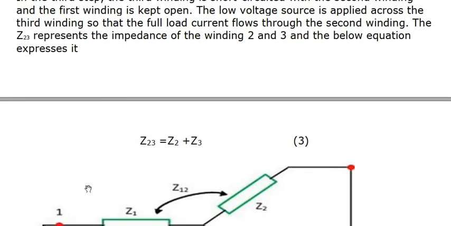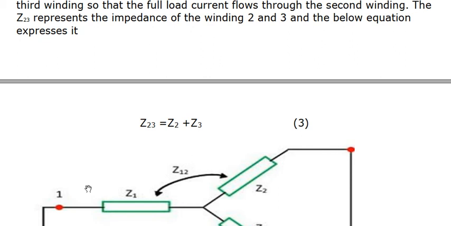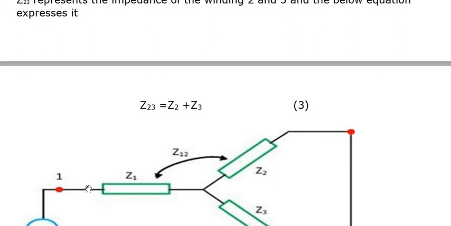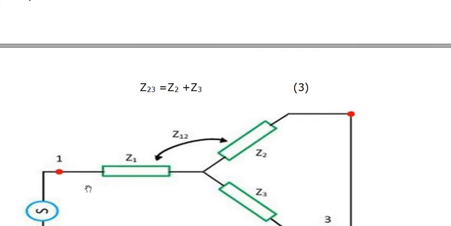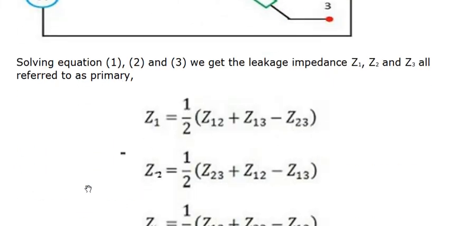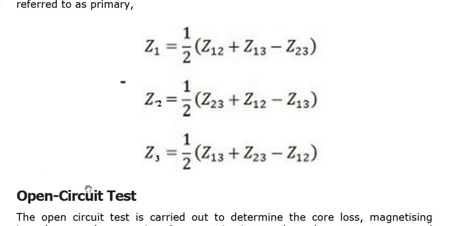Z23 represents the impedance of windings 2 and 3, and the equation expresses it: Z23 is equal to Z2 plus Z3. All the impedances are referred to a common base. By solving equations 1, 2 and 3, we get Z1, Z2 and Z3.